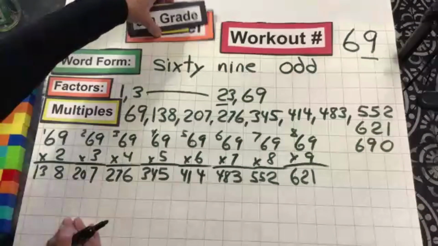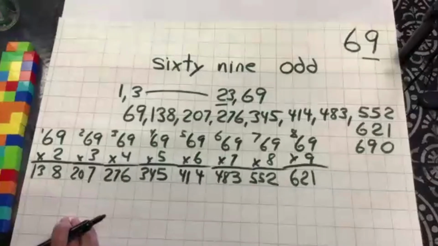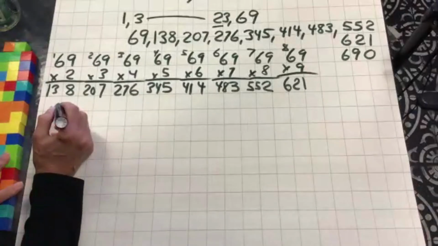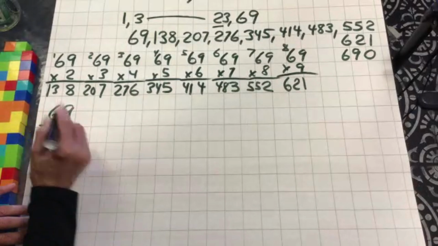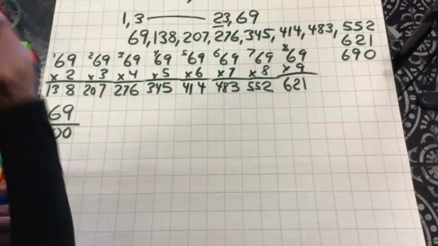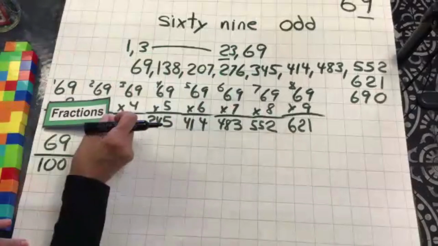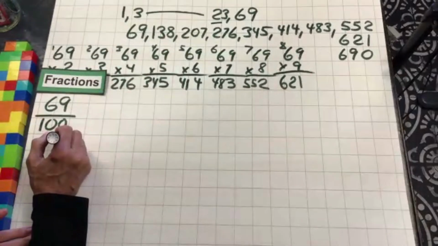Let's move on to our fraction, decimal, percents, and ratios. I'm going to move this up. So our fraction today is 69 over 100. That's our fraction. And we know 23 and 69 and 3 does not go into 100. So that is our lowest term fraction.